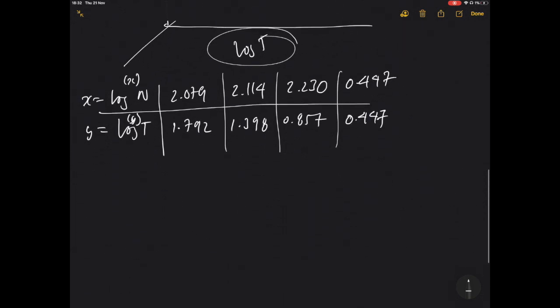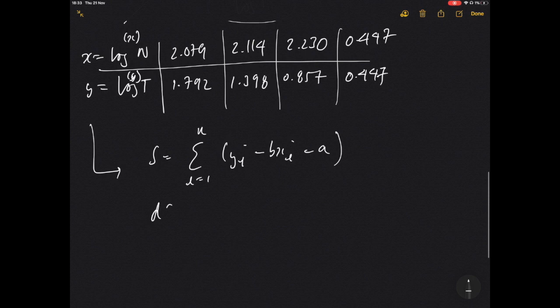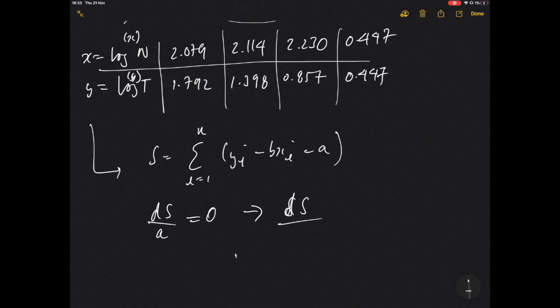So we just go back to the equation that we did previously, because if you remember earlier, we had S equals the sum from i equals 1 to n of (y_i minus b x_i minus a) squared, and then we differentiated with respect to a and set that to 0 to minimize it, and we differentiated with respect to b, and that also gave us 0 because we're minimizing.